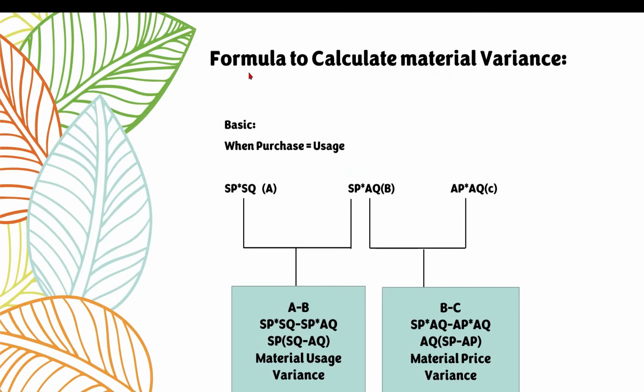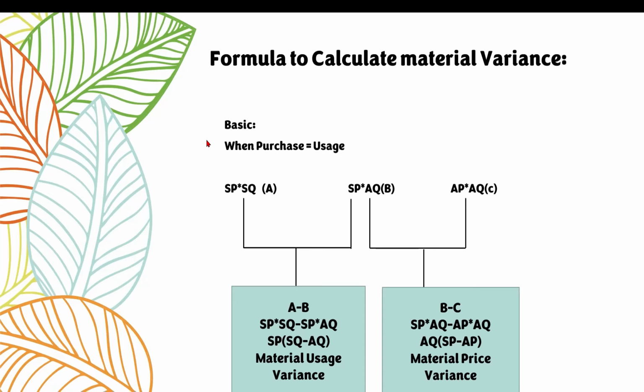So I have mentioned here the formula to calculate the material variance, and this basic version is especially used for F2. For F5 students, a more advanced version of material variance is calculated, which we will discuss later.